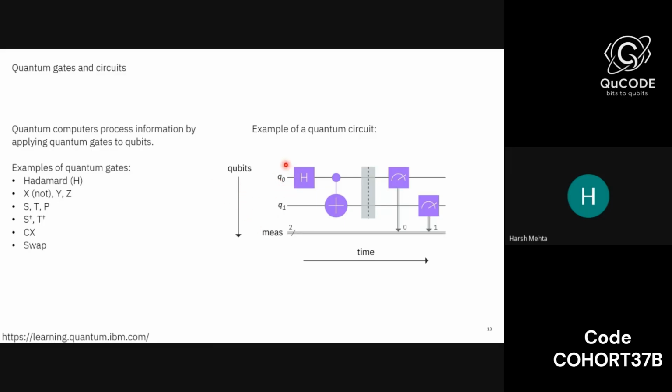So you see this q0. This q0 is nothing but your first qubit. In Qiskit, the ordering is done from 0, 1, 2 onwards. So your first qubit is denoted as q0, and your second qubit is denoted as q1. So this is qubit 0, this is qubit 1, and this meas is nothing but your classical register.